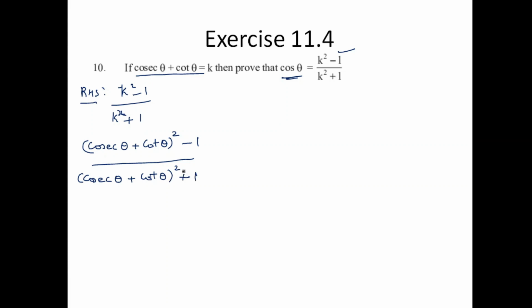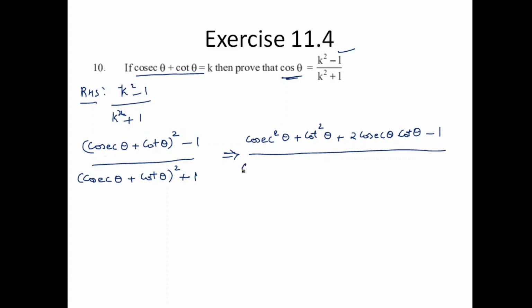So this is in the form of a plus b whole square, so this can be written as cosecant square theta plus cot square theta plus 2 into cosecant theta into cot theta, by, and as usual you have here minus 1 divided by cosecant square theta plus cot square theta plus 2 into cosec theta into cot theta plus 1.